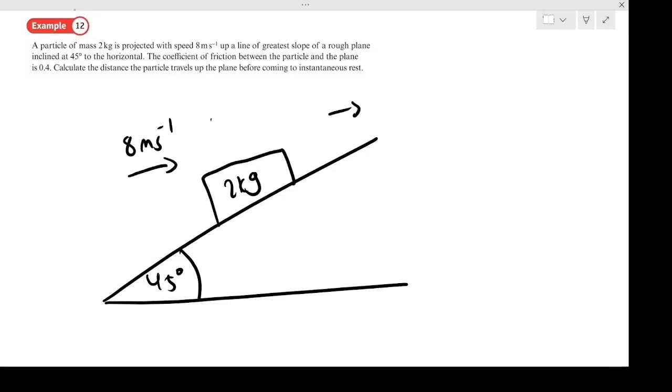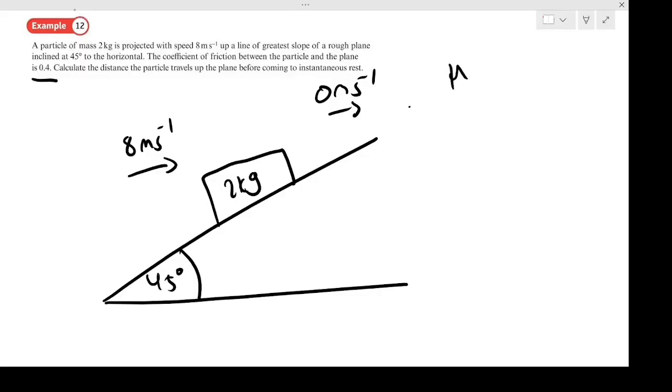Then it ends up before coming to rest, so it ends up with 0 speed. And it's asking me to calculate the distance it travels. I'm also told the coefficient of friction is 0.4, so mu is 0.4.